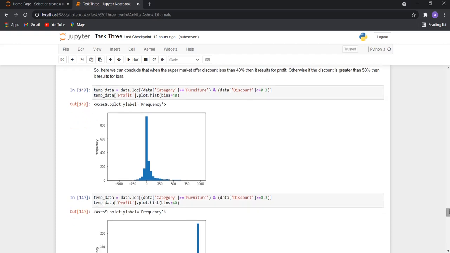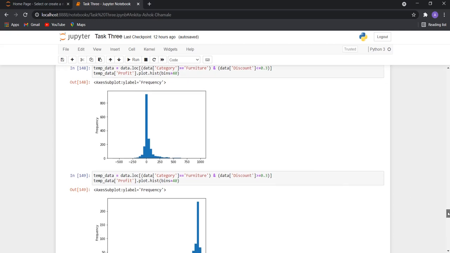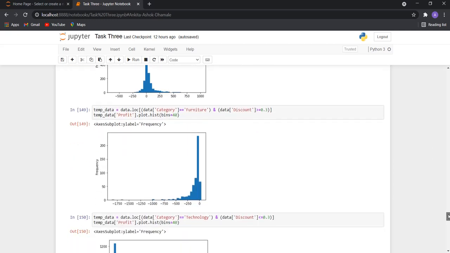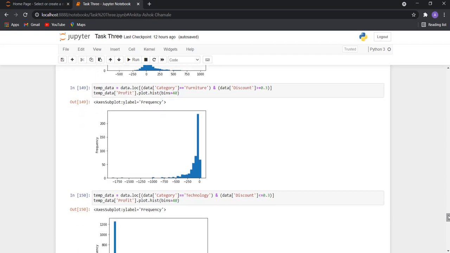Next up, we will see for respective categories. For the furniture category, when the discount is less than or equal to 30%, it gives profit to some extent. While for discount greater than or equal to 30%, we see there's a great loss.